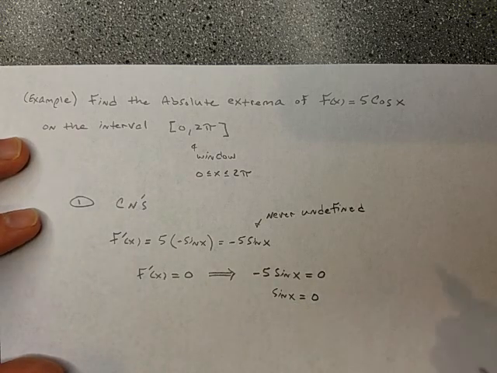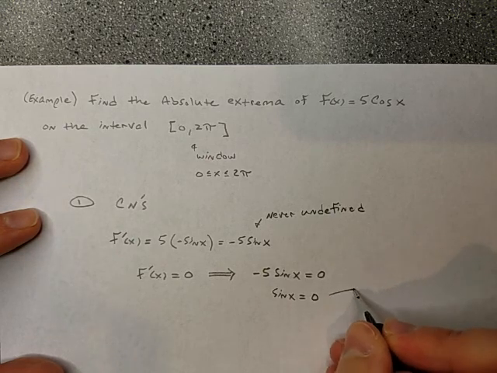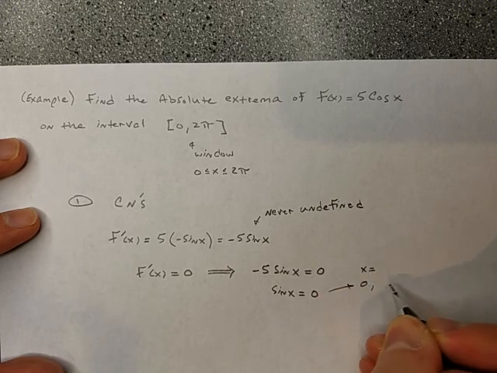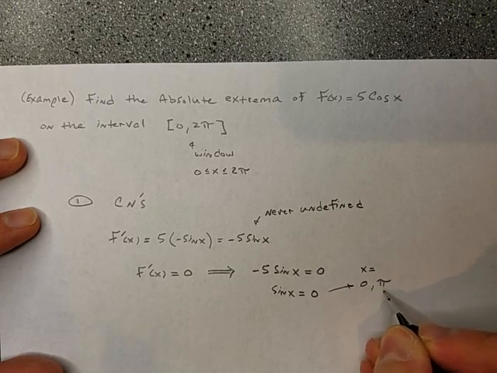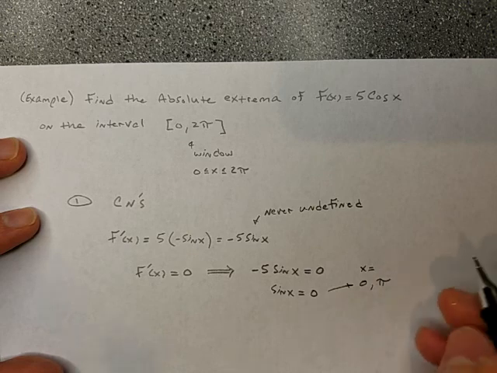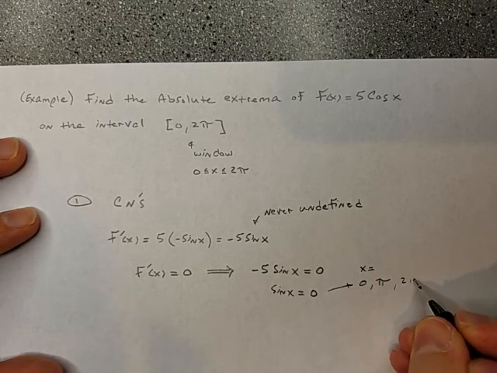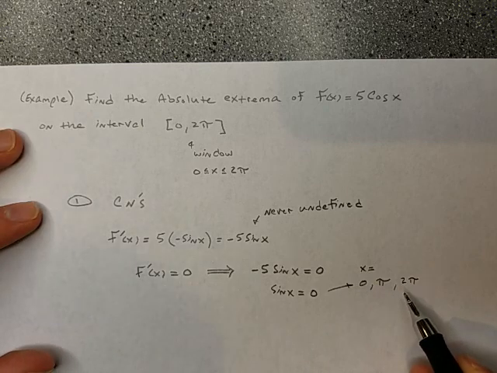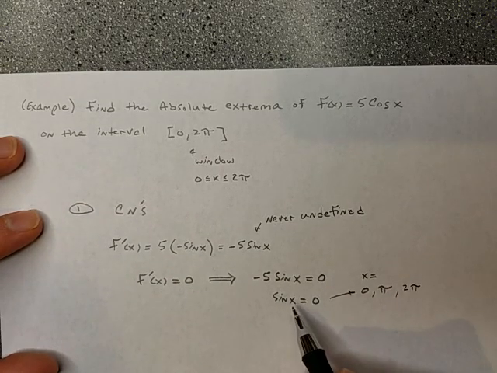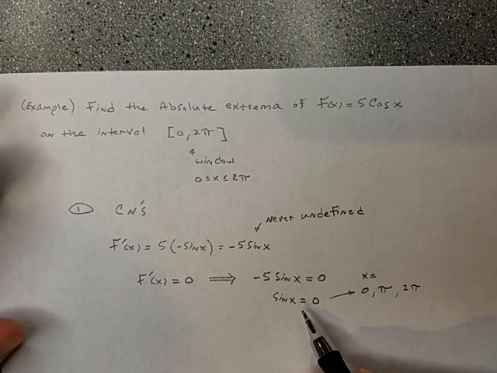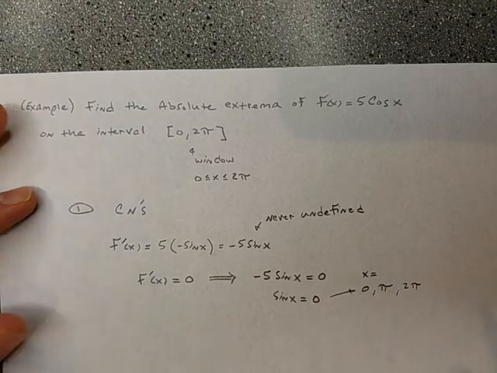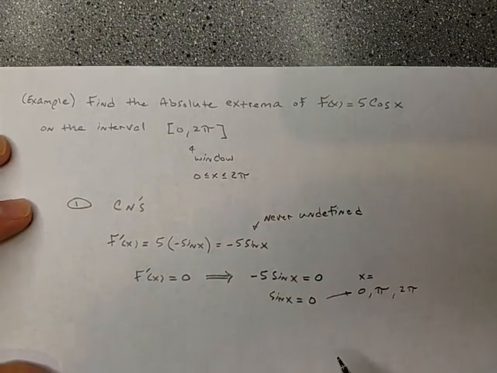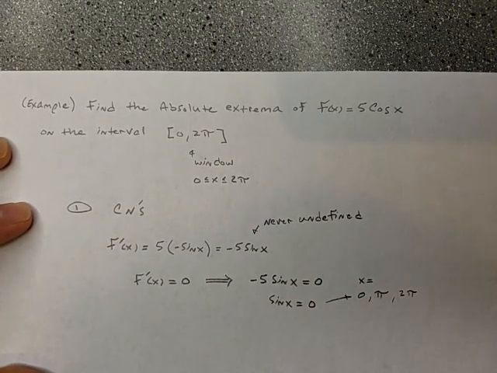So in my case, this would happen at x equals 0, x equals pi radians, that's the same as 180 degrees, or 2 pi, so 0 degrees, 180 degrees, 360 degrees. Those are the angles that have a sine of 0. That's a whole other topic from pre-calculus that we could talk about if we needed to, but that's what I need to tell you for now.